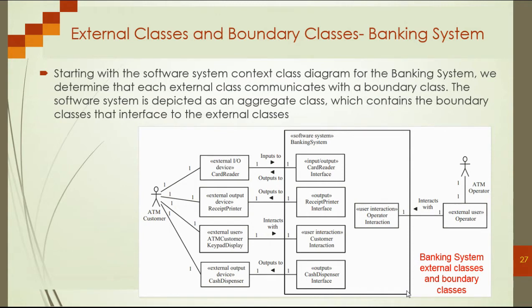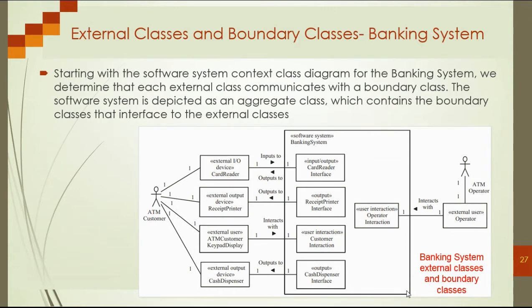So here it's useful if we expand the diagram to show the boundary classes of the system, or the boundary classes that communicate with the system. The boundary classes are software classes inside the system. So the boundary is a software class inside the system, or we can say it is a software object inside the system.